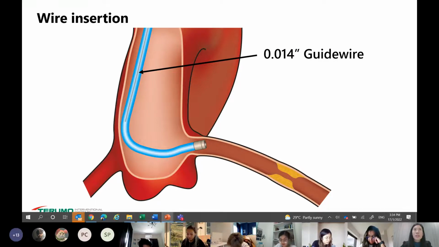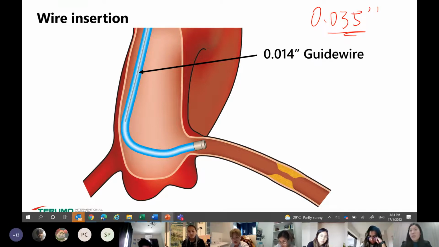Just now when we talked about diagnosis, you would hear 0.035. Normally I just call it 035. Typically in the field you also call it just 035 or 014. This just means the diameter of the guide wire in inch. As I mentioned, the 035 only comes in the aorta here.